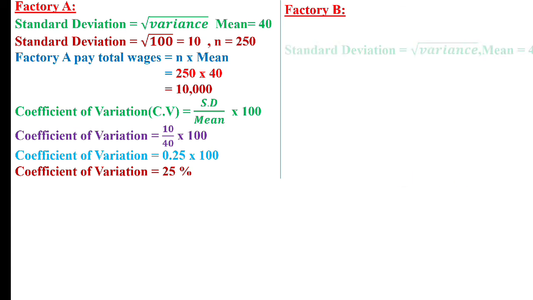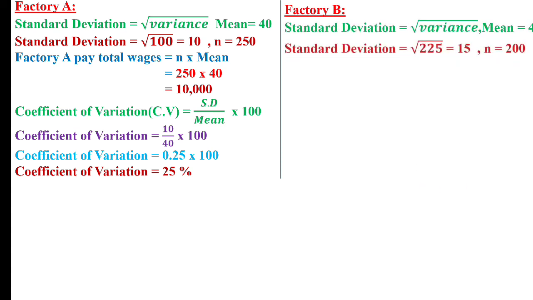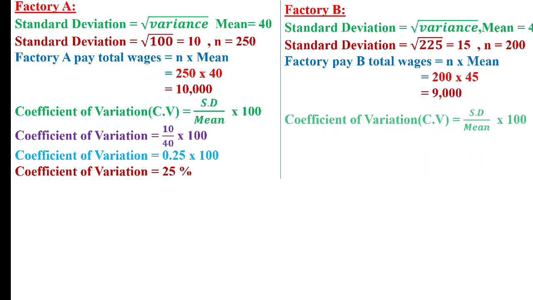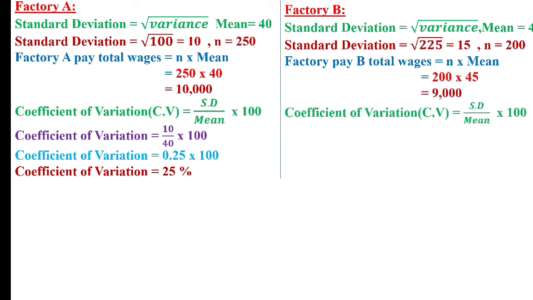Come to factory B. Mean equals 45, standard deviation square root of 225 equals 15, n equals 200. Factory B total pay is n into mean, so 200 into 45, 9,000. Then coefficient of variation, standard deviation divided by mean into 100, 15 divided by 45 into 100.